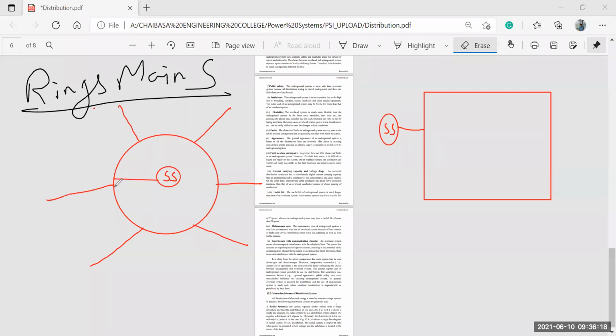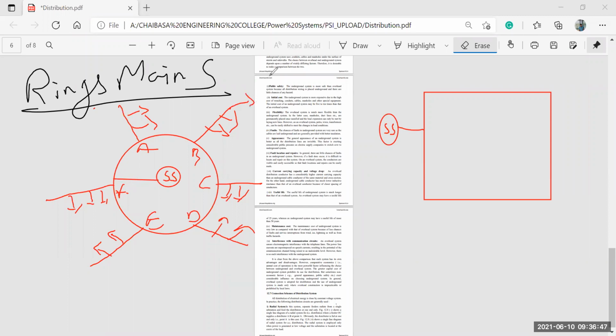Let's draw one more, and name them from here as A, B, C, D, E, F, likewise.